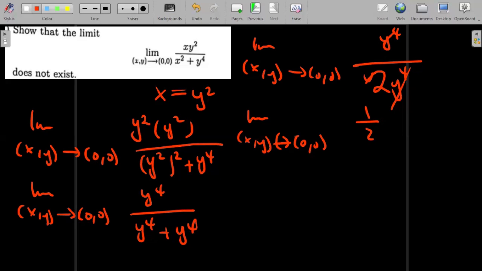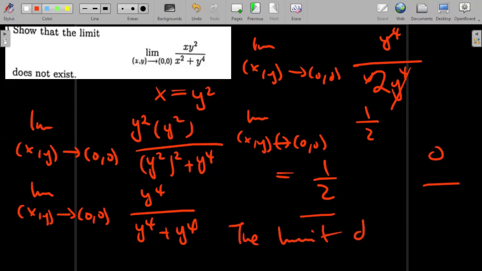Of course, when I plug in (0, 0), this is going to give me half. So at first we got that the limit was 0, and now we're getting that the limit is half. Because they are giving us different limits, we conclude that the limit does not exist.